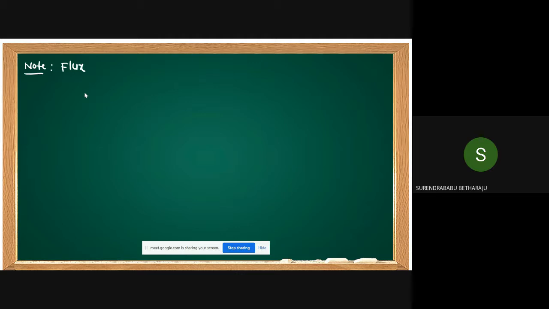You can apply either rule. Generally we use Biot-Savart's law, but in complex circuits it is very difficult to determine using Biot-Savart's law. That's why we go for Ampere's circuital law. This is the magnetic field concept.